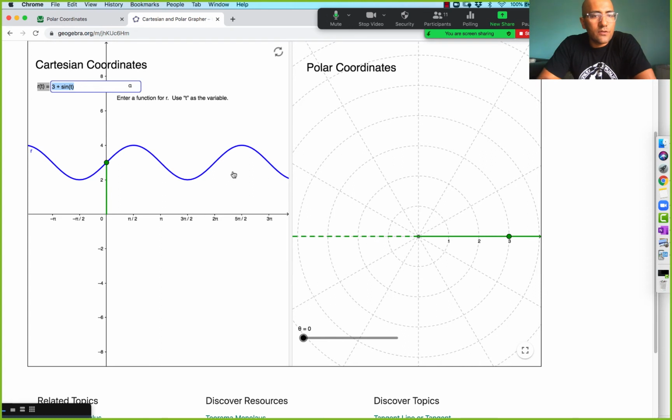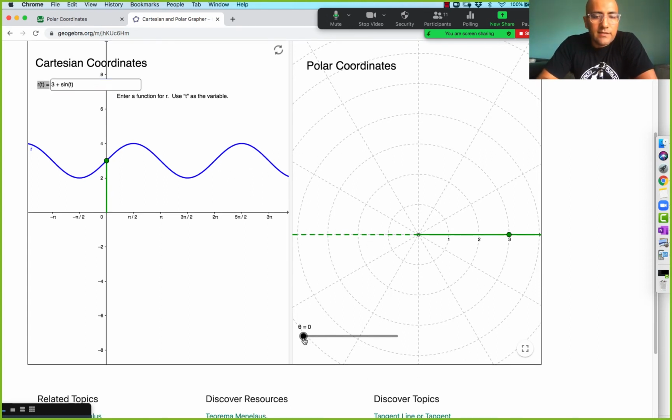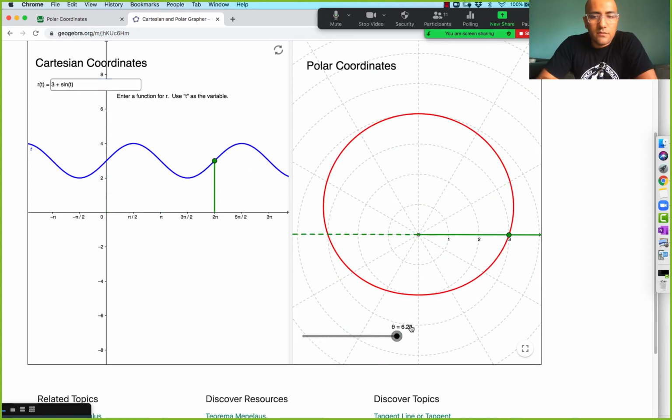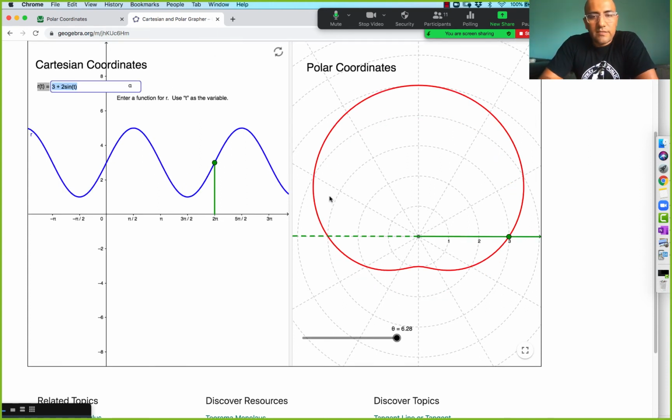Okay, so here's 3 plus sine t. And as I draw this, we end up with a kind of wobbly circle thing. Now if I stick in a constant in here like a 2, it makes it a little more of a pronounced wobbly thing here, right?